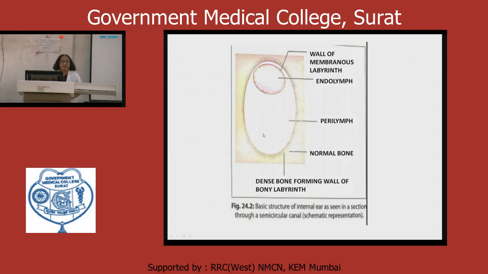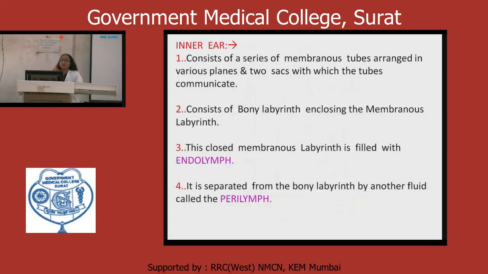So the inner ear fluids are perilymph and endolymph, which are located respectively in the bony labyrinth and the membranous labyrinth. The inner ear consists of a series of membranous tubes arranged in various planes and two sacs with which the tubes communicate.